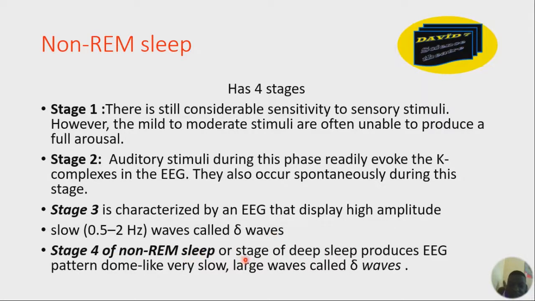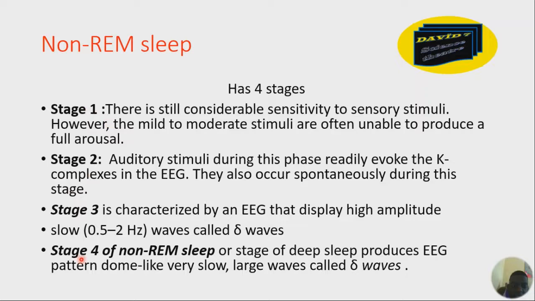Stage 4 of non-REM, or the stage of deep sleep, produces an EEG pattern of dome-like very slow, large waves called delta waves. So basically we have delta waves in 3 and 4, but those of 4 are very slow, those of 3 are slow.